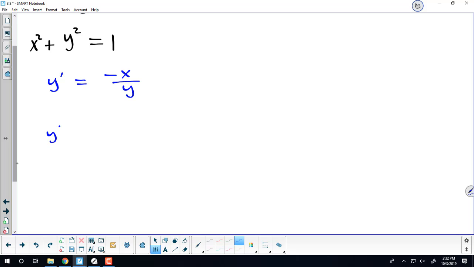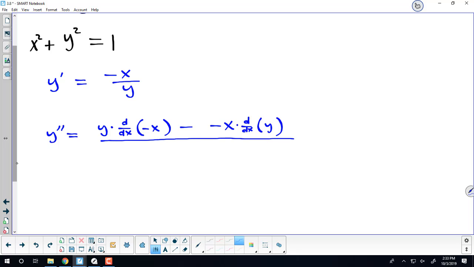So we say the second derivative is the bottom times the derivative of the top minus the top times the derivative of the bottom, all over the bottom squared.